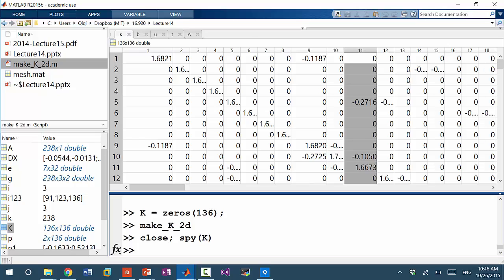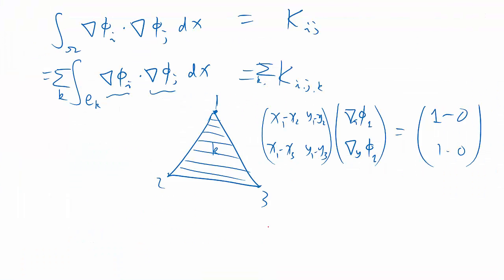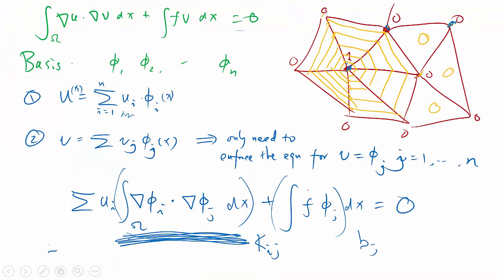All right, so I get the matrix K now. What else do I need is the B, right? The vector B, in this case, would be the integration of f, which again we assume to be 1, times the phi, which is a linear function within that interval.